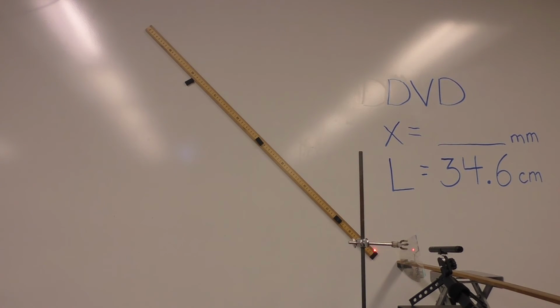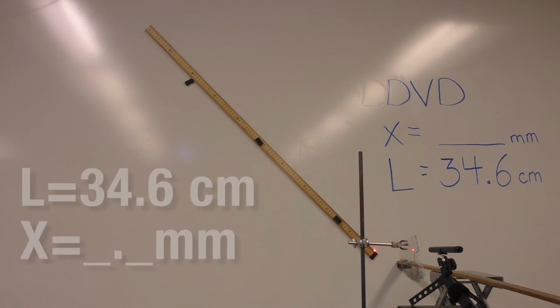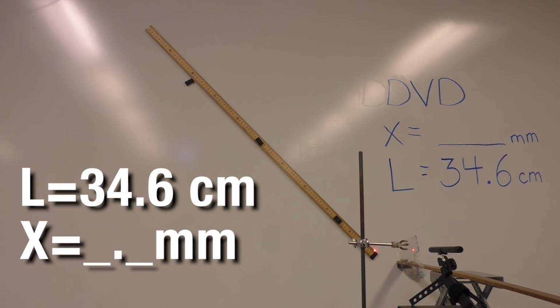In part C, number 16, we're going to do almost exactly the same thing as we did in part 15 with the CD, except this time we've inserted a broken up DVD into the light path. We actually had to change the distance L from the DVD to the screen because the spacing that you see for X turns out to be quite a bit larger.